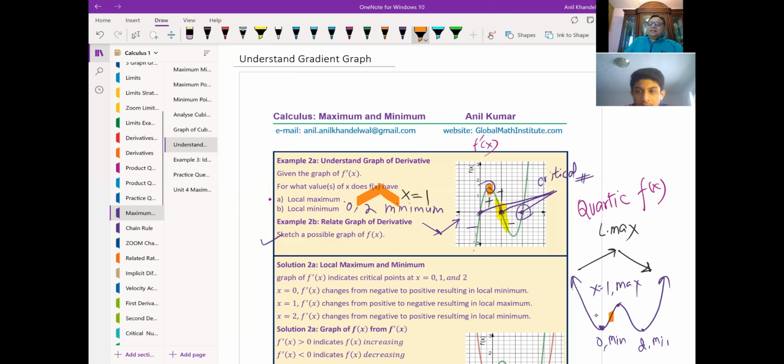Concavity changes. Do you see that? Concave up and then concave down. This is another point where the concavity changes: down, then up. So we have actually, without values, sketched how the graph of the function is going to look.